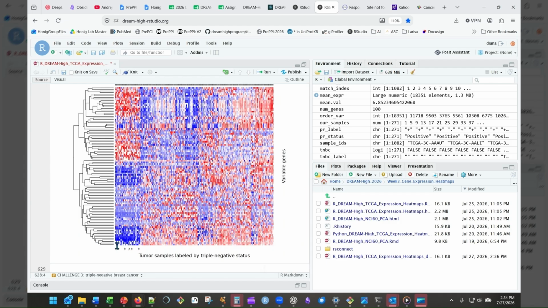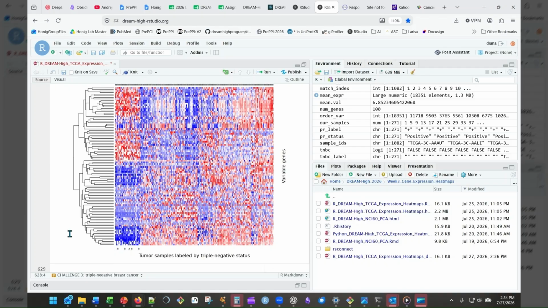So the point to make here is that we've looked at two completely different data sets, right? Information on the patients that was collected in basically the doctor's office in the clinic, doing histologies and following up on treatments. And here we're just looking at the levels of expression of their genes. And we're able to make a correspondence between receptor status and also triple negative breast cancer.